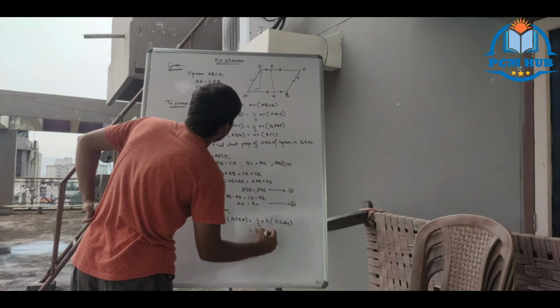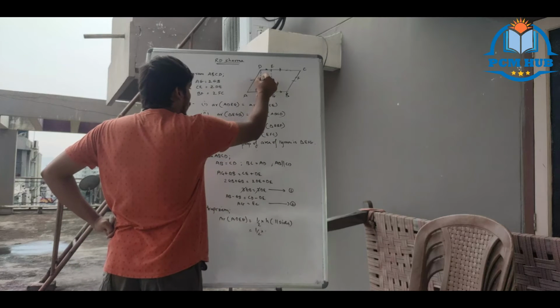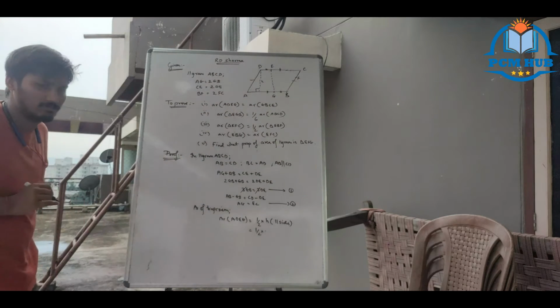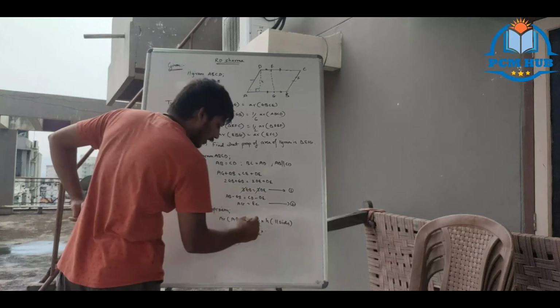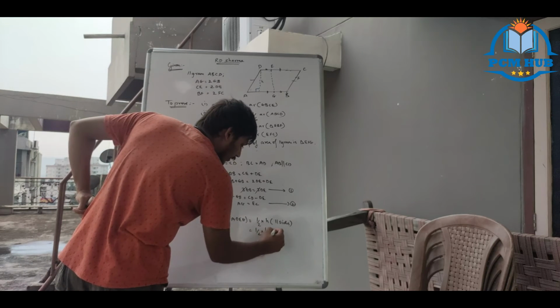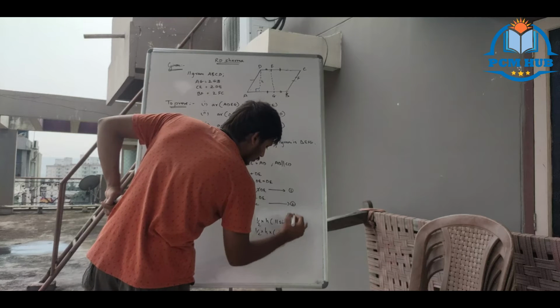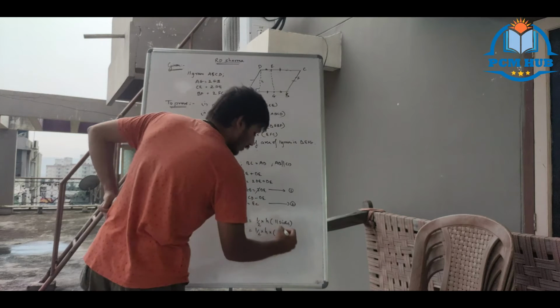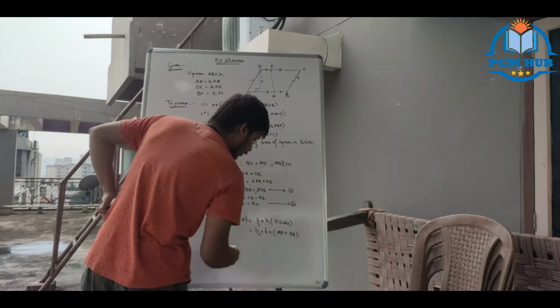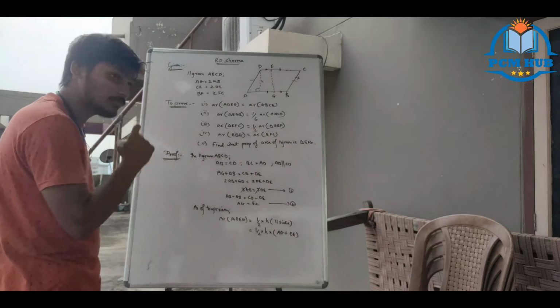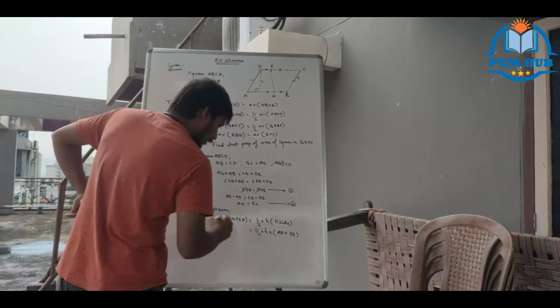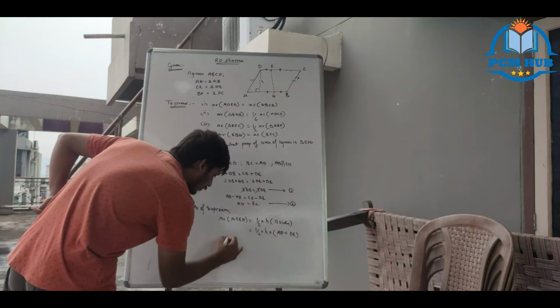What is height? Let us take height as h. Sum of the parallel sides: AG plus DE.